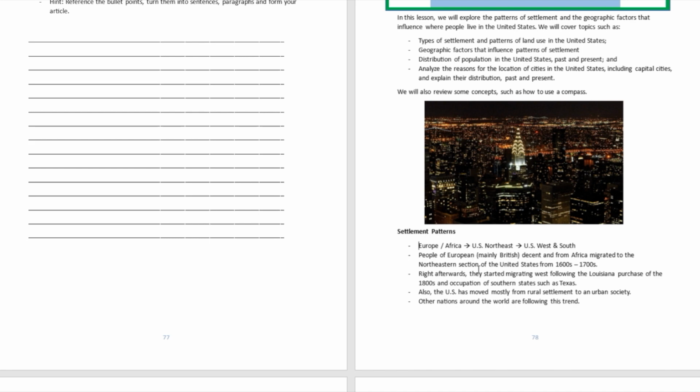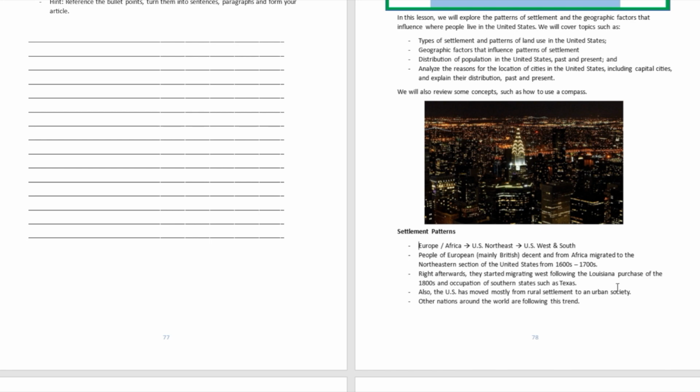So people from Europe, mainly British, trying to escape the persecution of the King of England, came over to the northeastern section of the United States, and then they brought some people from Africa through slavery, unfortunately, back in the 1600s and the 1700s.